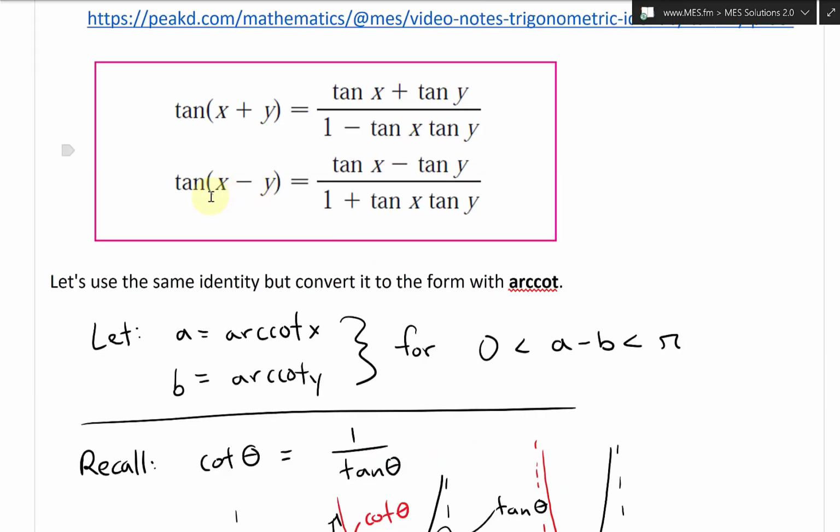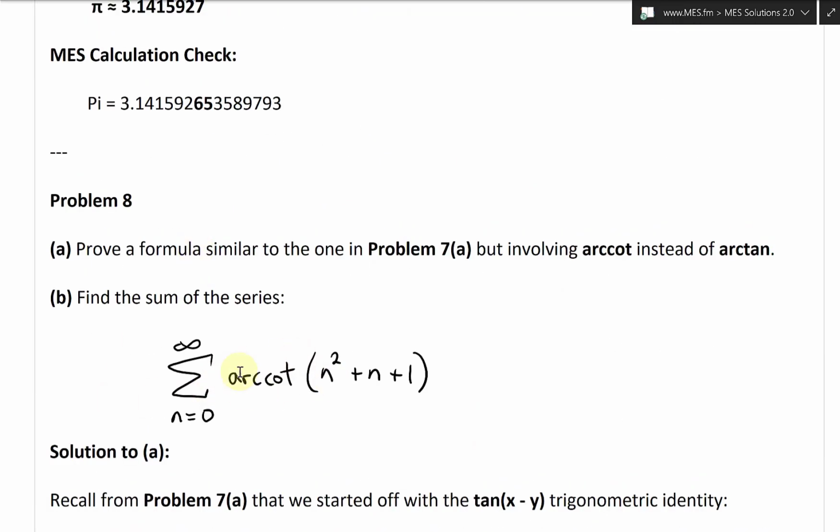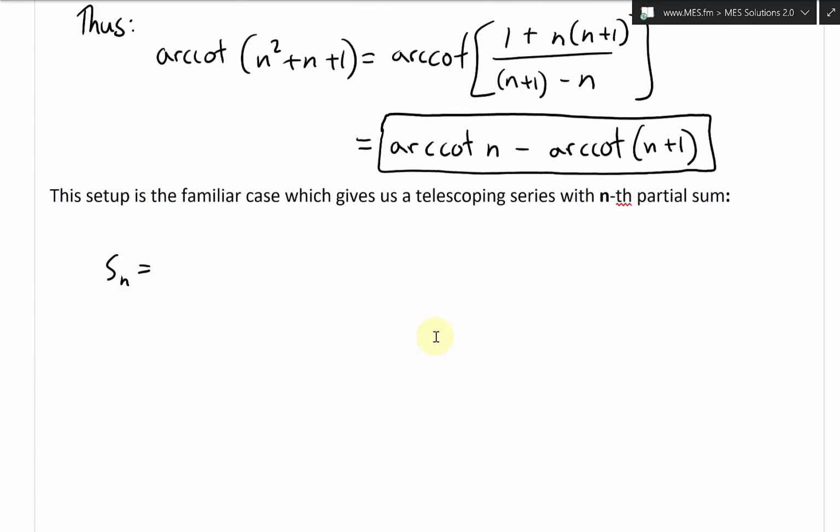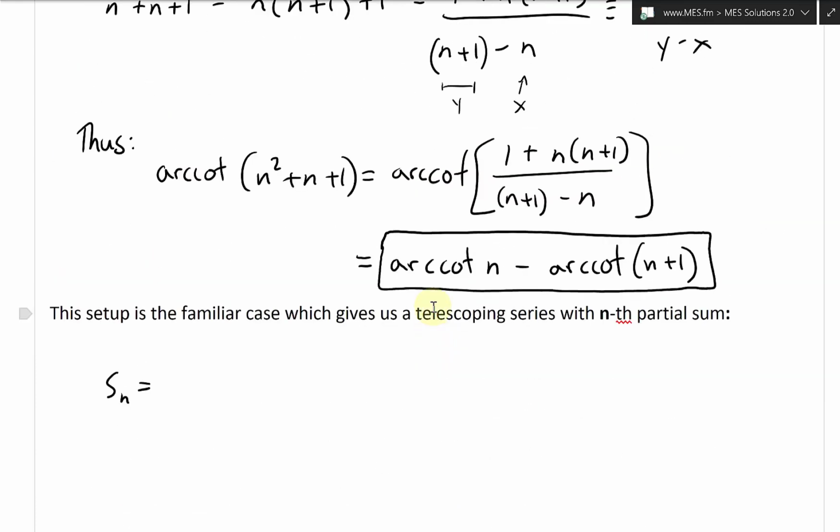Again, we're asked to find the series, this right here, the summation. So let's take a look at the nth partial sum. So Sn is equal to, well, arc cotangent of 0 minus arc cotangent of n plus 1.